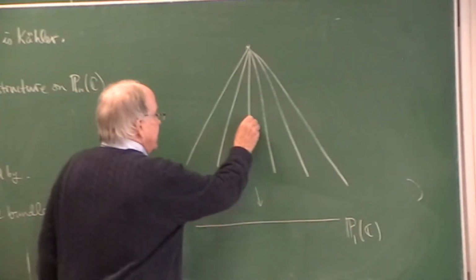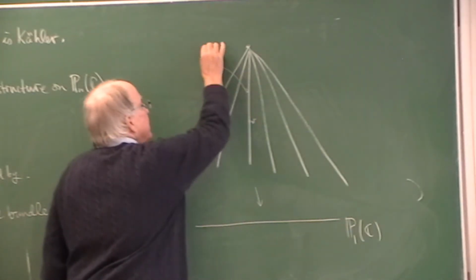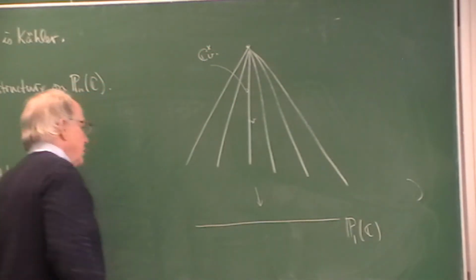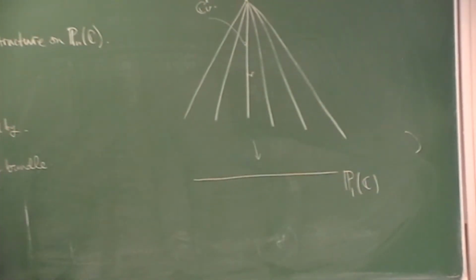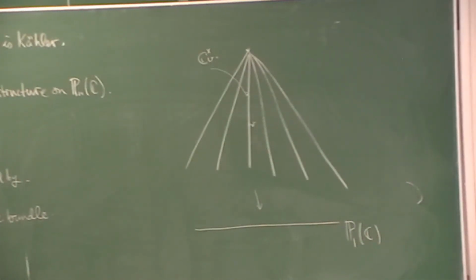So for example, if this is V, then this thing here is the equivalence class C star V. Now, we have a rather short lecture today. This is the only thing you're going to learn today: if you see something like this, you want to push down the structure.